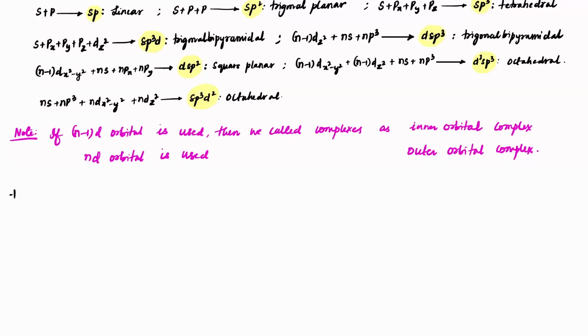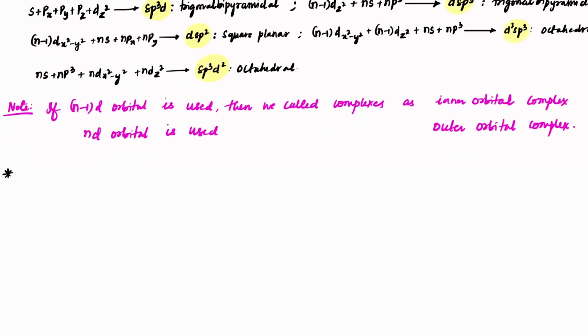Now, there is one brute assumption here when it comes to valence bond theory, that the nature of ligands can be divided into two types.